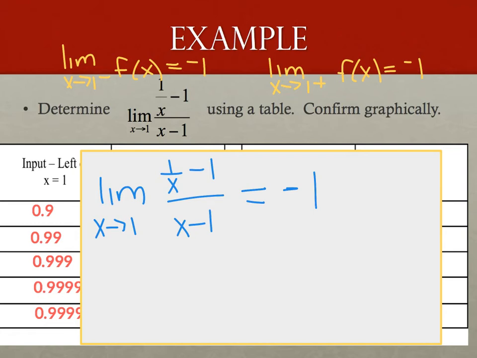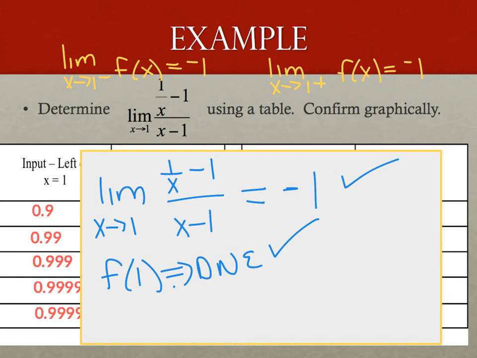We also know that if we plugged 1 in directly, doing a domain check, this does not exist. I'm going to do an implies symbol because technically you don't write equals does not exist. So f of 1 does not exist. So we have a limit, but we do not have a value. So this tells us we should have a removable discontinuity.